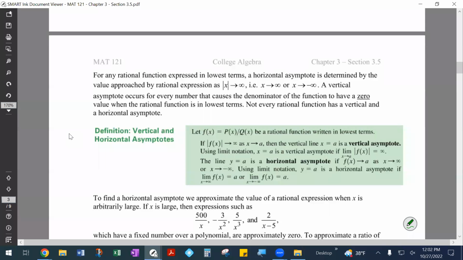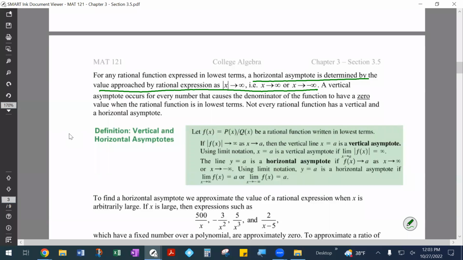So basically, guys, when you're trying to find vertical asymptotes, it's really straightforward. Take the denominator of the rational function, set it equal to 0, and you will find what your vertical asymptote is. However, when it comes to finding the horizontal asymptote, we have to fall back on algebra to help us out. When you're trying to find your horizontal asymptote, it is determined by what value your expression is approaching as your x is getting closer to positive or negative infinity.